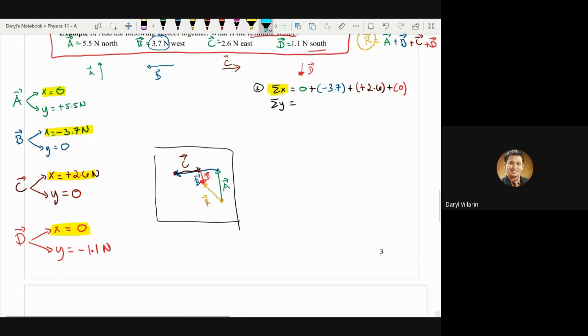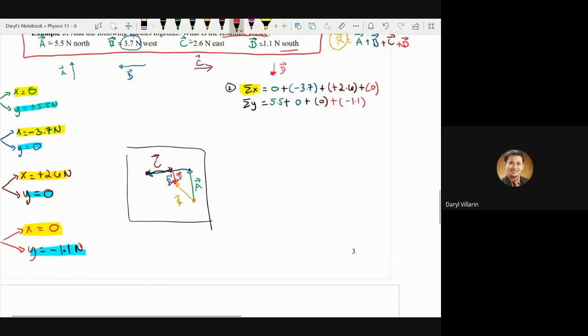And now for the summation of all the Y's. I'm just going to take note of all the Y values. The Y values here are 5.5, that's positive, plus the next value is 0, then 0 again for C, and then for D plus the negative of 1.1.